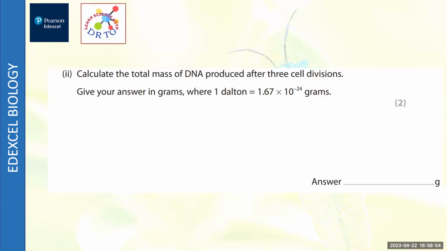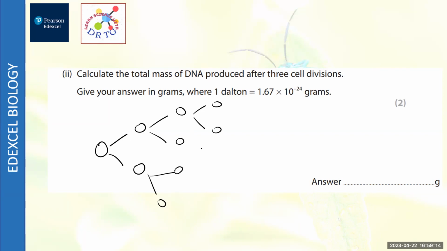Calculate the total mass of DNA produced after 3 cell divisions. Okay, 3 cell divisions, 1 cell is 1 cell division. And then 2 cell divisions, and here is 3 cell divisions.